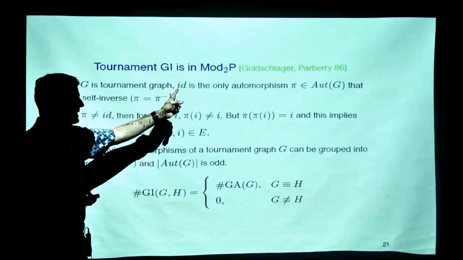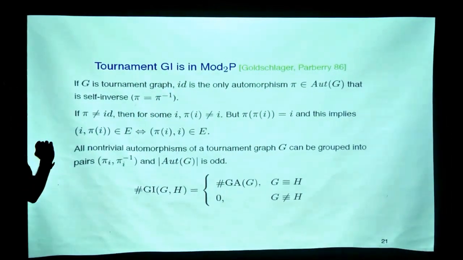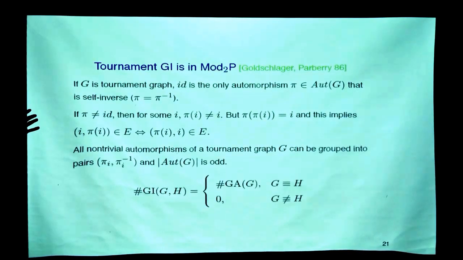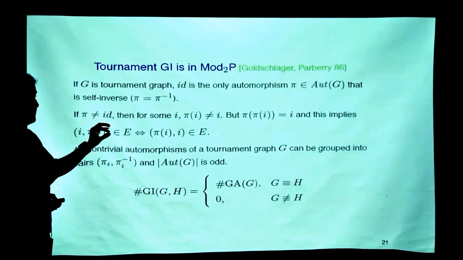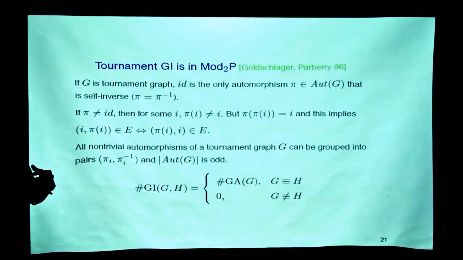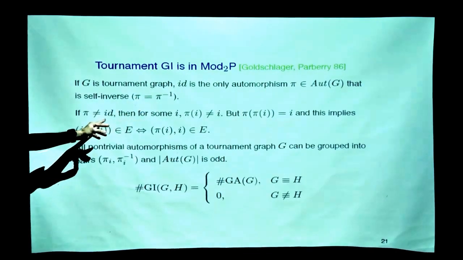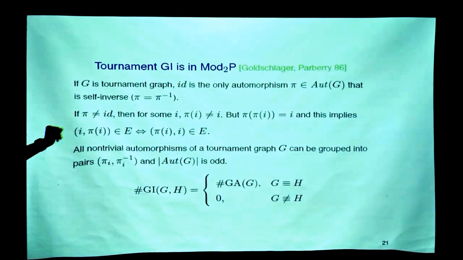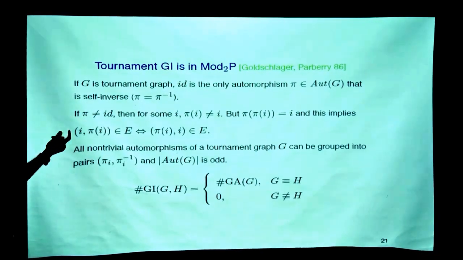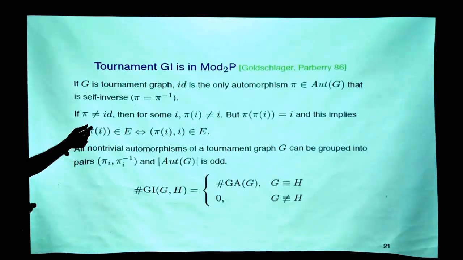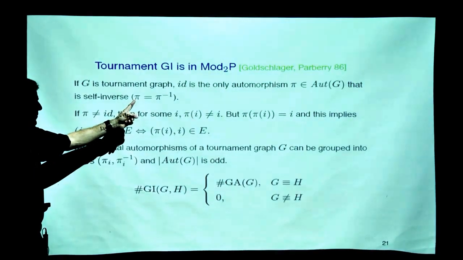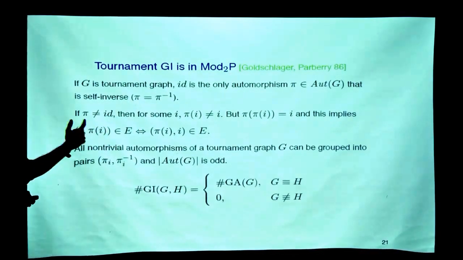Well, the identity is always an automorphism, but it is the only automorphism that coincides with its own inverse. Of course, the inverse of the identity is the identity. But other than that, there is no other automorphism that coincides with its inverse.